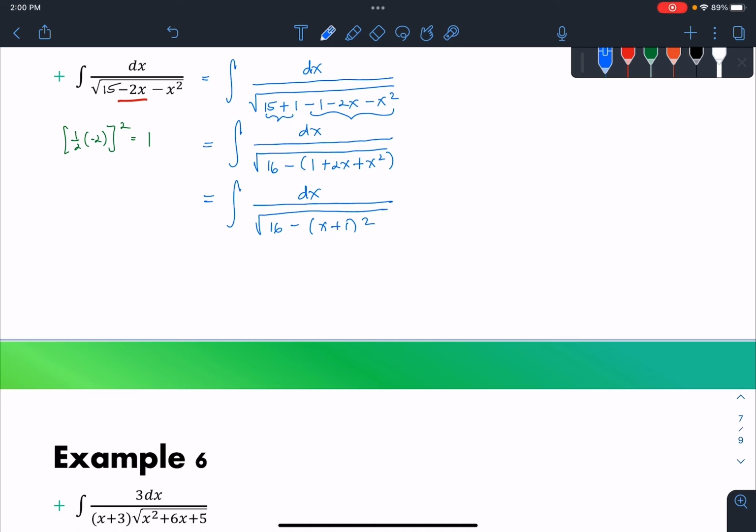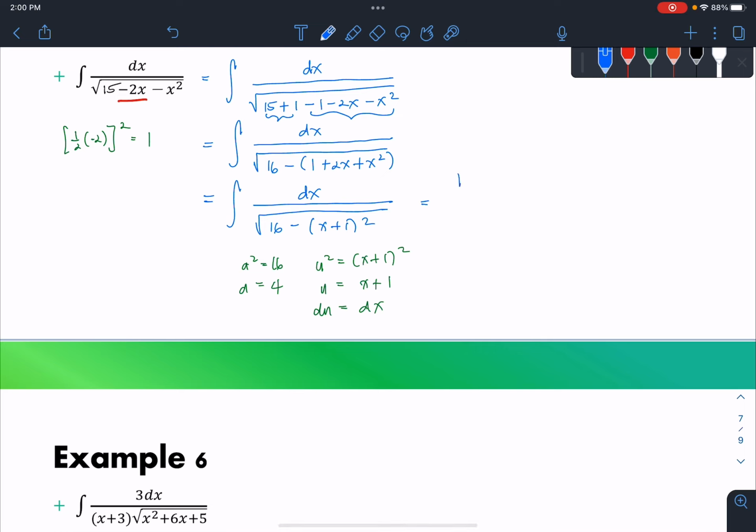And thus, it already resembles the arc sine. So our a squared is 16, our a is then 4. Our u squared is (x plus 1) squared, our u is x plus 1. And therefore, our du would be dx.